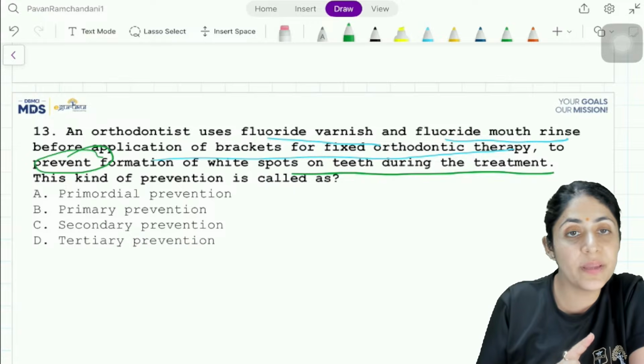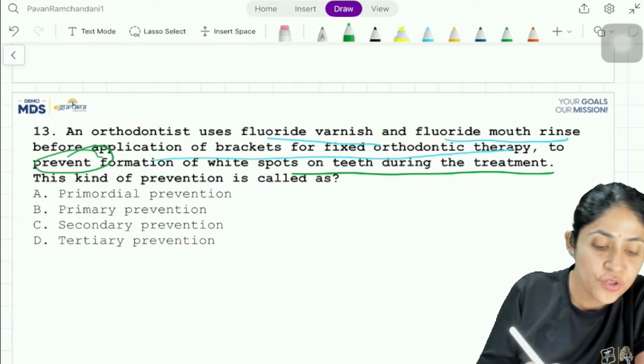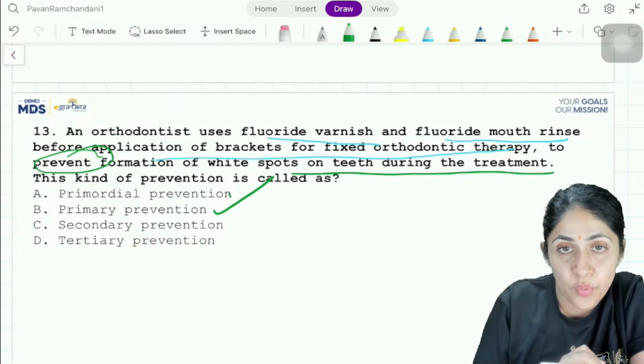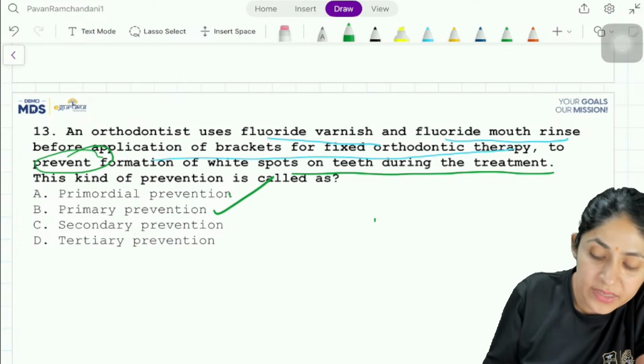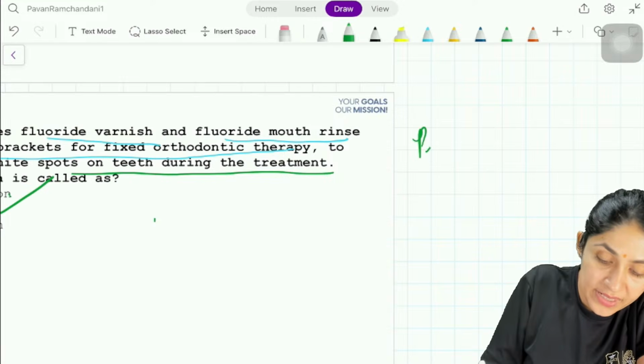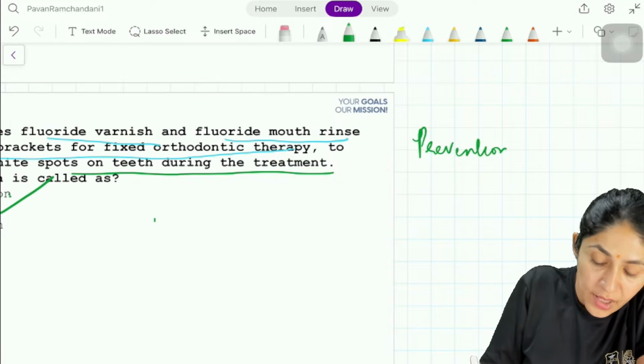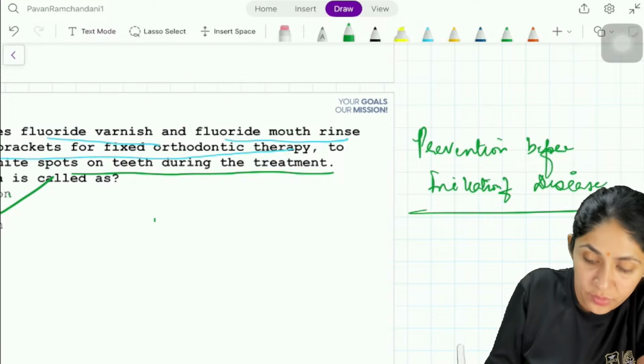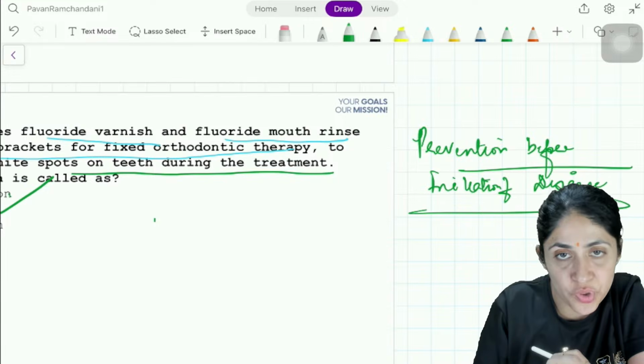The risk factor is already present, which is ortho treatment. So definitely that intervention would be primary intervention, where you prevented the initiation, you prevented white spots from occurring. So prevention before initiation of the disease, just as we understood right now, is called primary prevention.